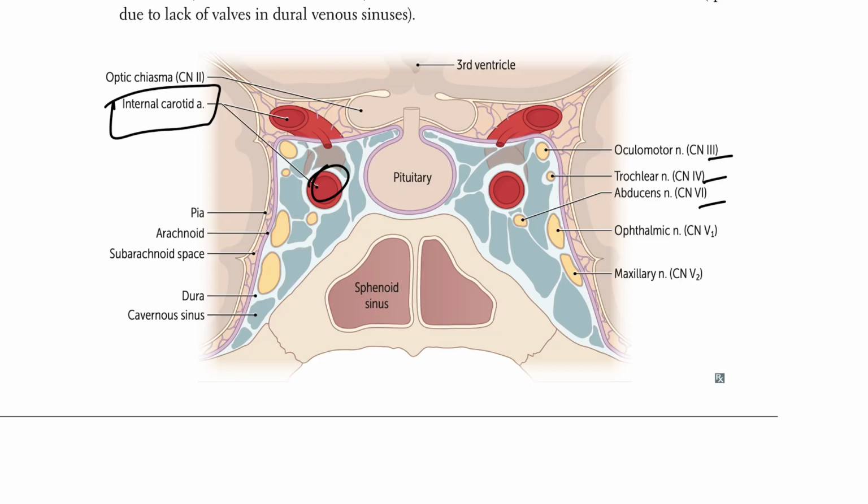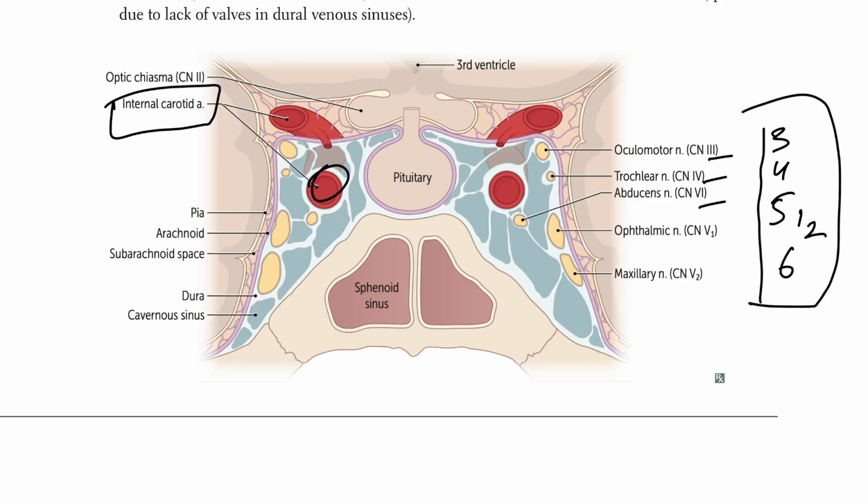If you can memorize the mnemonic, great. If you don't, just remember CN3, 4, 5, 1, 2, and 6. So 4, 5, 6, right? It's all about the fifth one. CN5 is just the first and second parts, not the third part. But if you just remember this 3, 4, 5, 6, they run within this cavernous sinus with this internal carotid artery as well.